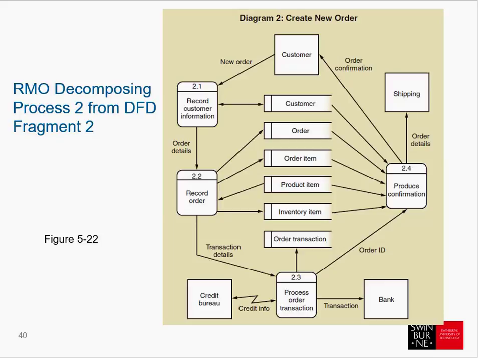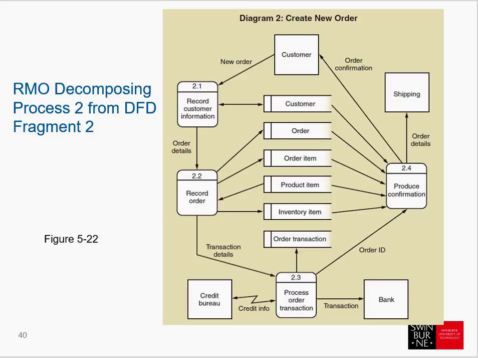Then process 2.3 needs a real-time link to the credit bureau to get a credit authorization for the customer's credit card. So this needs to be a real-time link rather than a data flow, because the data needs to flow back and forth rapidly while the process is executing.